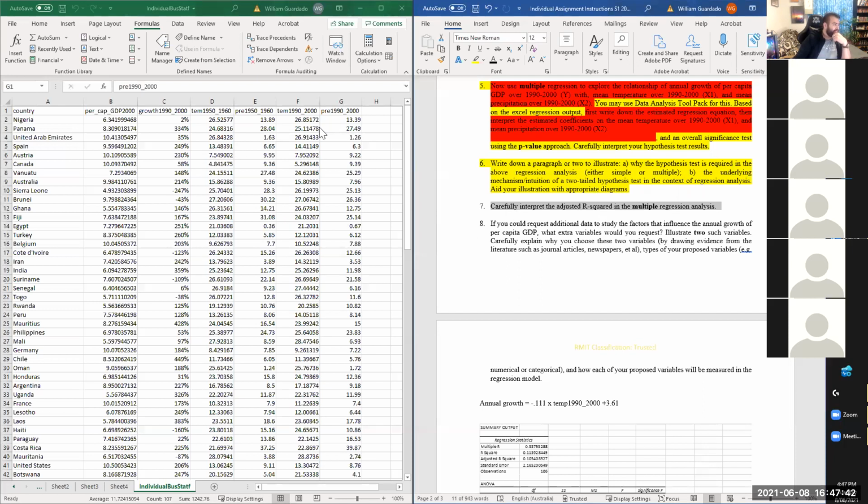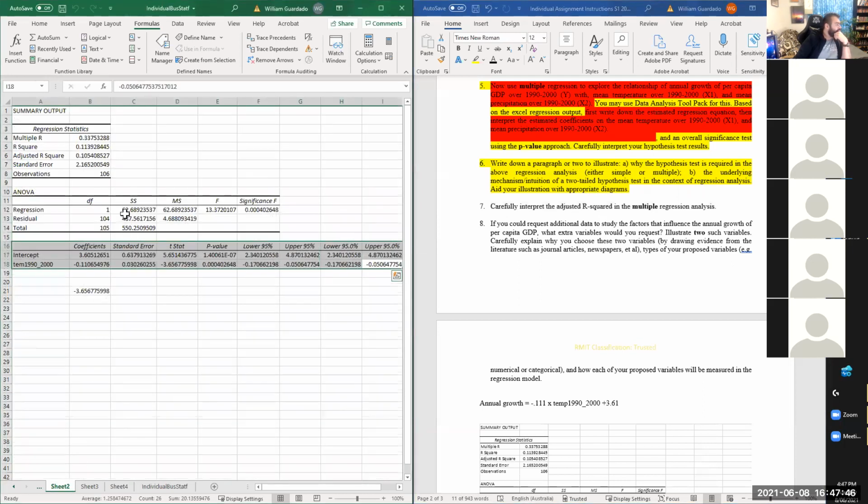It means, when you go back to your output, you could say 10% of the variation in annual growth GDP over that period of time explains around 10% of the change, the variation in temperature actually gives you information on your annual growth.